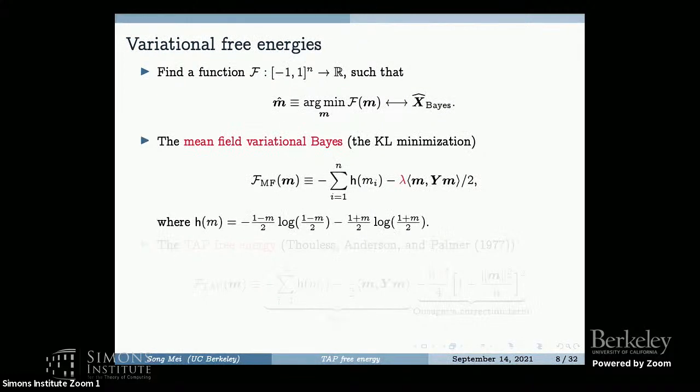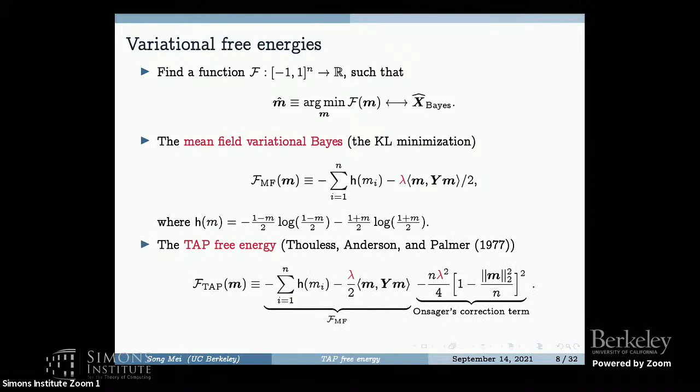The mean-field variational Bayes free energy is the naive free energy people use in practice, which can be derived from the KL minimization principle. It's just a summation of an entropy term and an energy term. But this variational Bayes free energy will not be the correct free energy, in the sense that the minimizer will not correspond to the posterior mean.